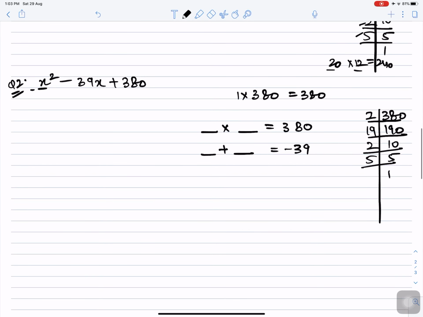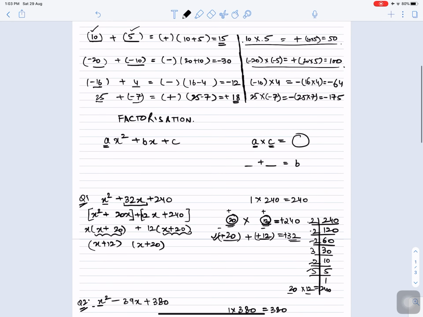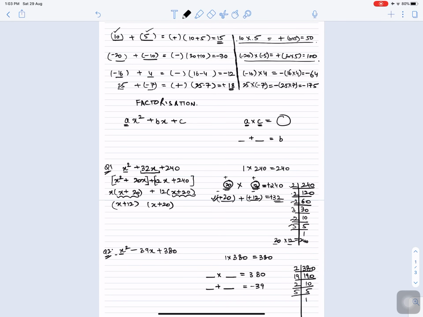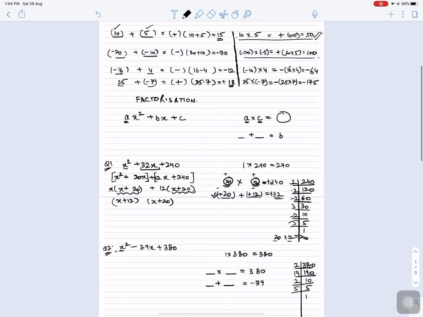Now what we have to do, we want the result in positive sign when we multiply, and we want the result in negative sign when we add the two numbers. Correct? Now see, the case appears for multiplication when we have the same sign, positive, then only we get the positive sign.